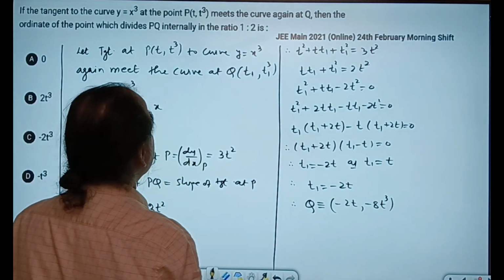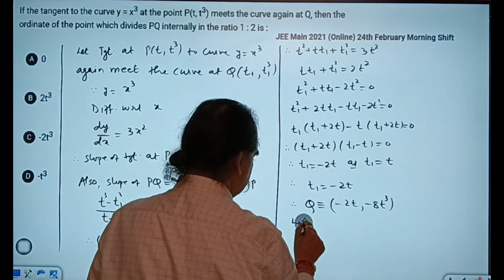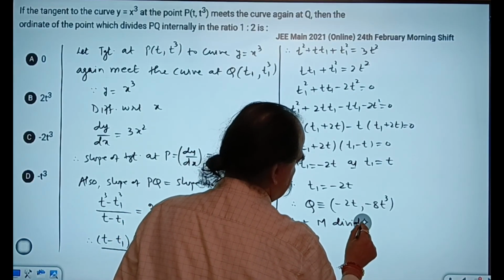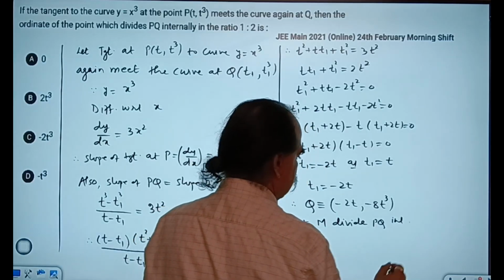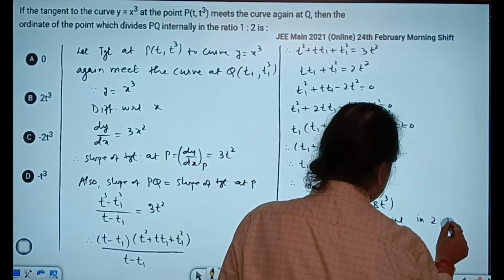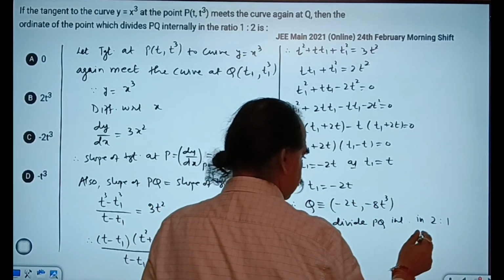Now, let N divide PQ internally in the ratio 1:2.